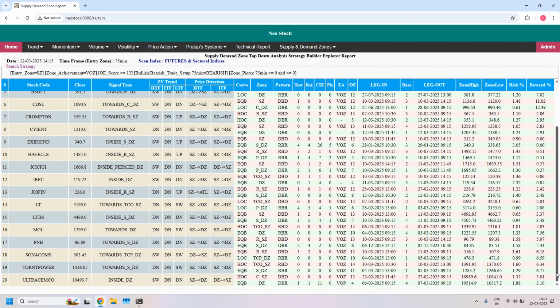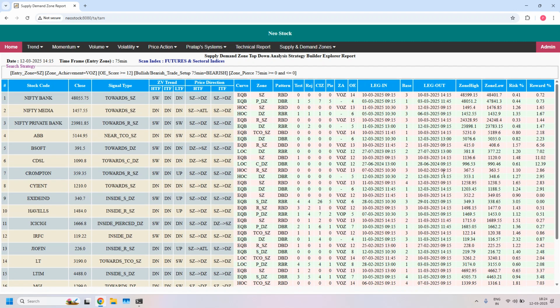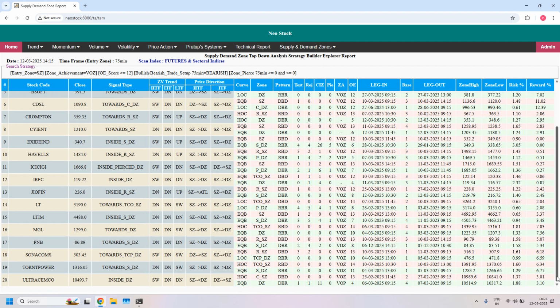Out of these 20, how many are having ITF demand zone confluence? Let's verify. That is not demand zone, supply zone. This is bearish trade setup, not bullish trade setup. Sorry for the mistake. All these stocks are supporting bearish trade setup for weekly income trade. First 15 stocks and total 20 stocks.